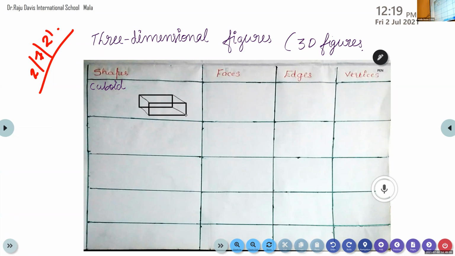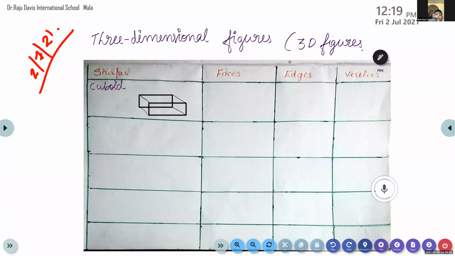After that, in the next column, you can see the heading, faces. Alvin, please unmute. How many faces are there for a cuboid? How many rectangles? If you have a cuboid, take it and count.